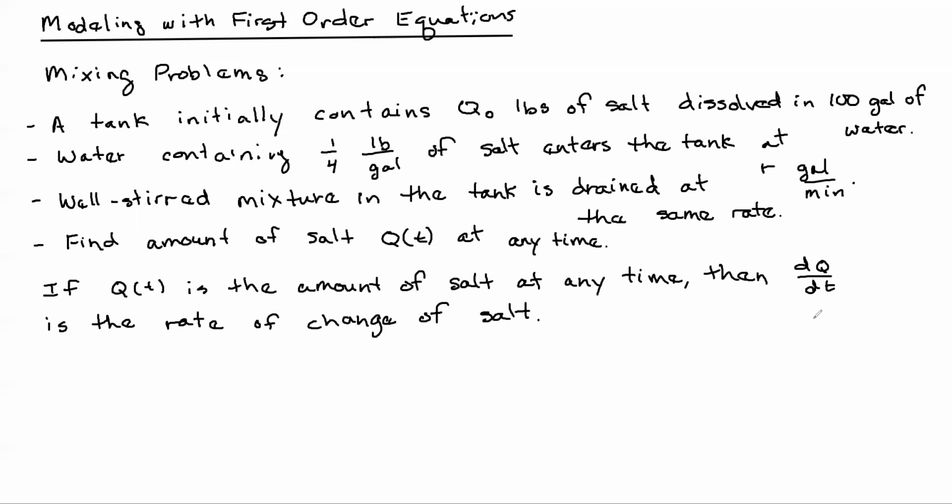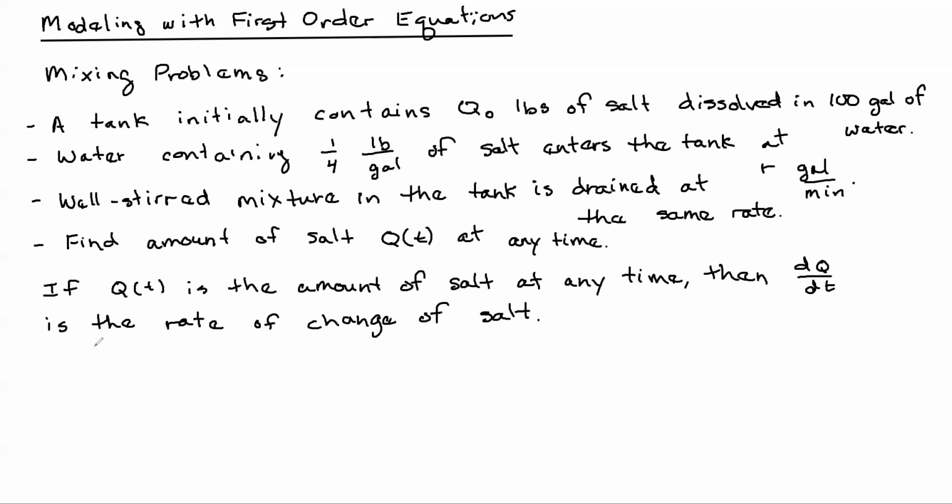That's going to give us a function where if we plugged in a time value, we would find out how the salt is changing at that particular instant in time.